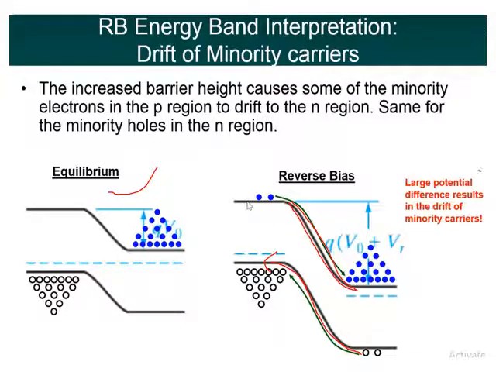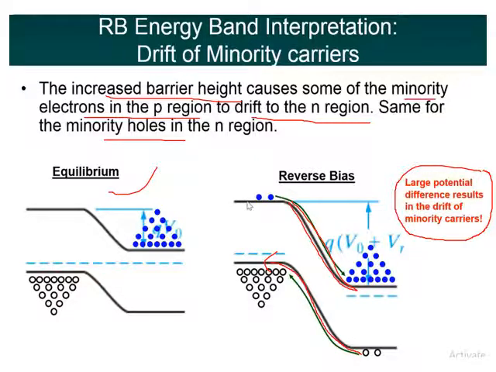Yes, and the large potential difference results in drift of minority carriers. That we'll see in coming slides. So the increased barrier height causes some minority electrons in the P region to drift to the N region, and similarly holes in the opposite direction.